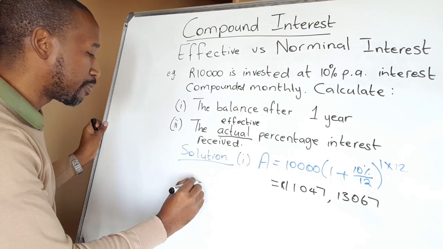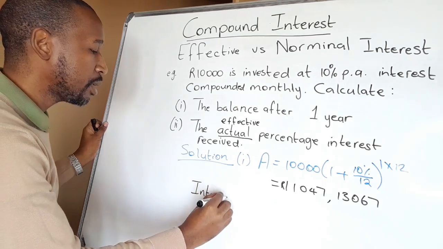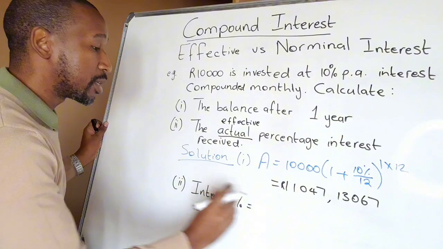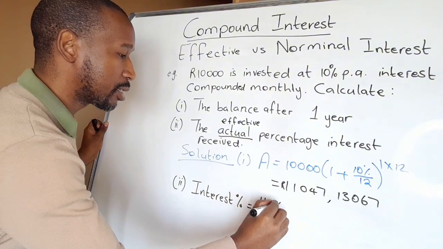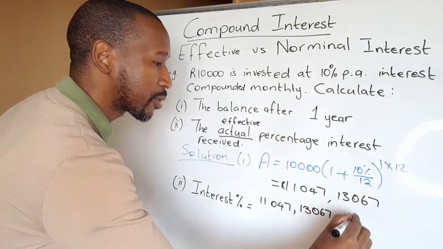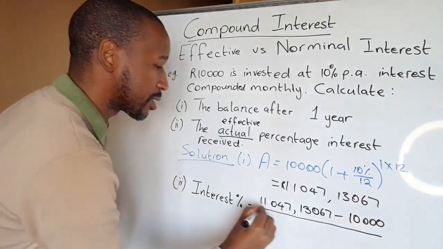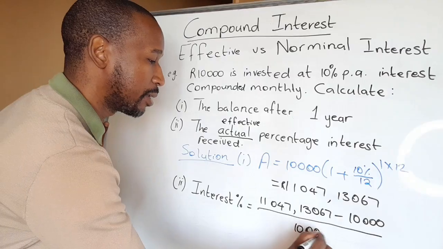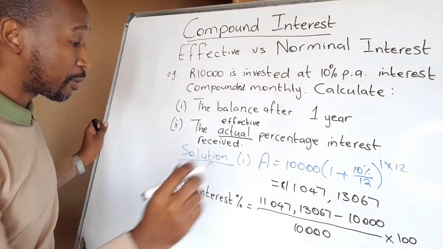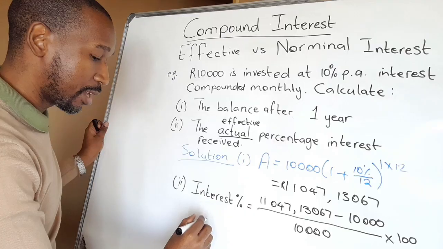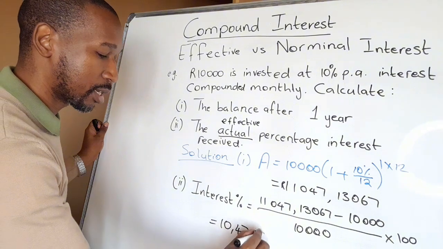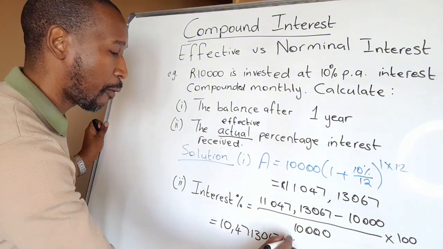Now, to get the interest percentage, this is what we do. We take the money that has been accumulated, subtract the original money that the person invested, divide by the original money, and then multiply by 100 to get it as a percentage. Now please punch it into the calculator and you will see that it becomes 10.47130674%.